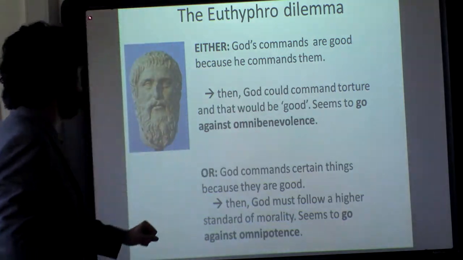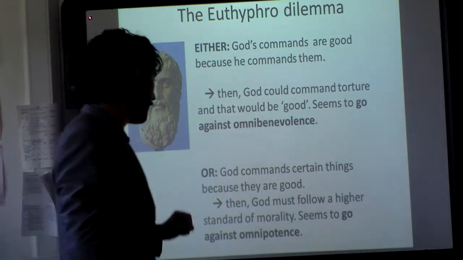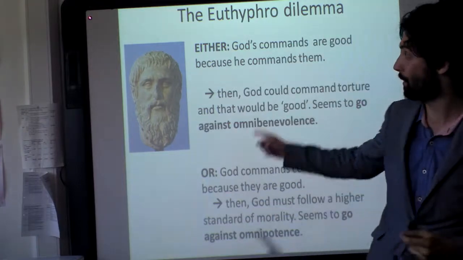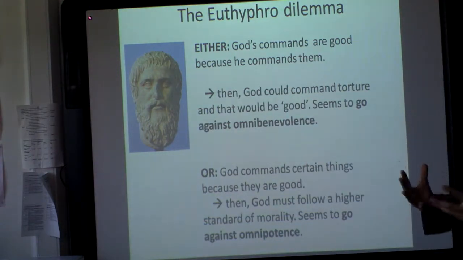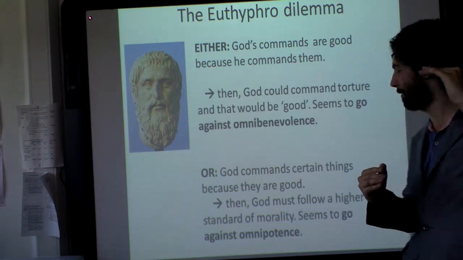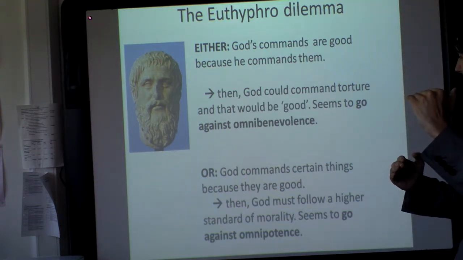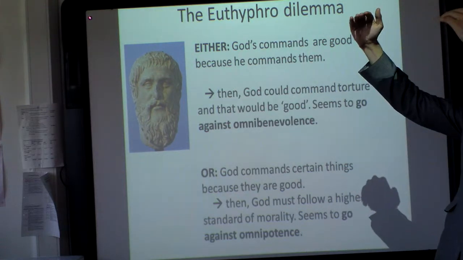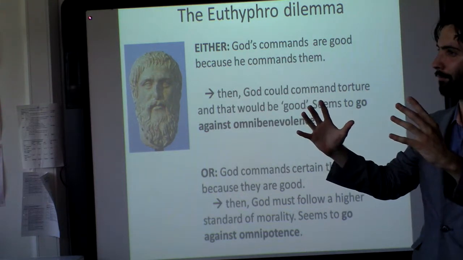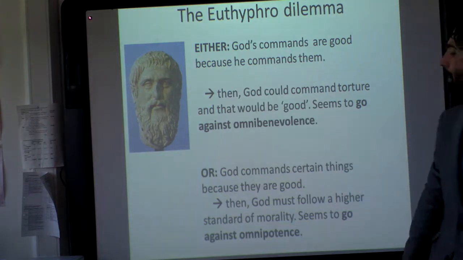Let's look at the second option. Let's say that God commands certain things because they are good, so it's the opposite of the first one. But then the situation here is that it looks like God has to follow a higher standard of morality, right? So God has to command certain things because there's this great standard of morality, and God has to follow it. But that seems to go against his omnipotence.